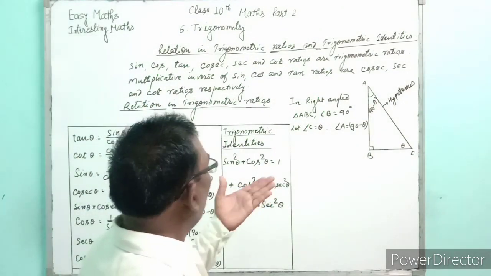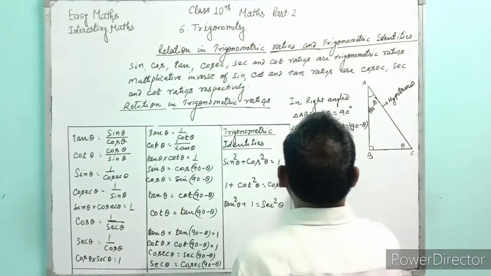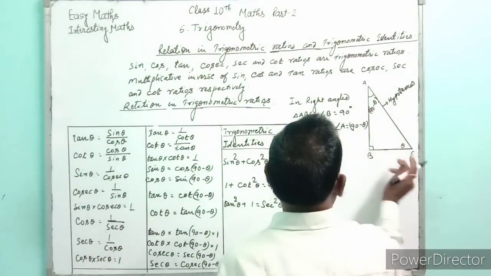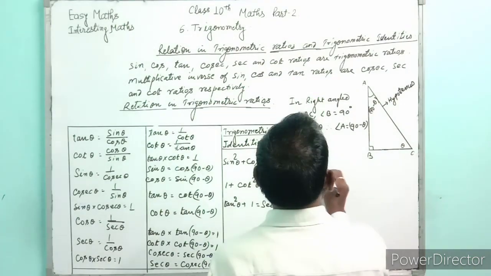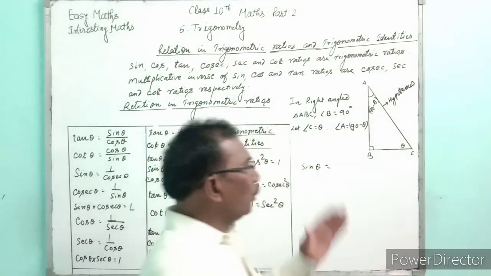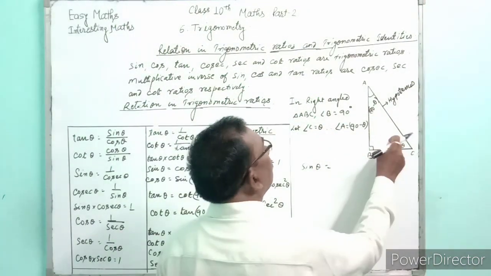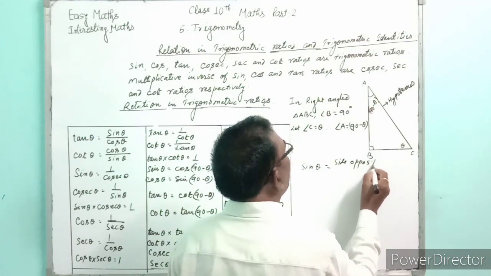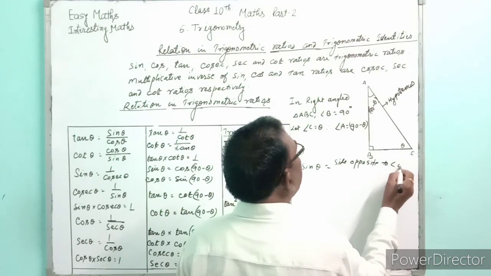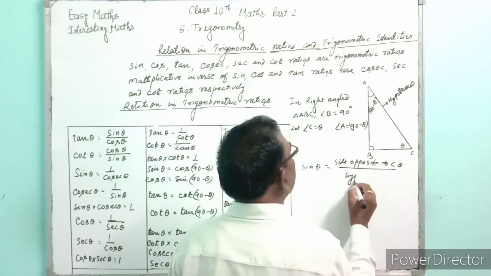Now, what is a sine ratio? You know sine ratio. Suppose we will write sine theta from this figure. Sine theta is equal to side opposite to angle theta divided by hypotenuse.